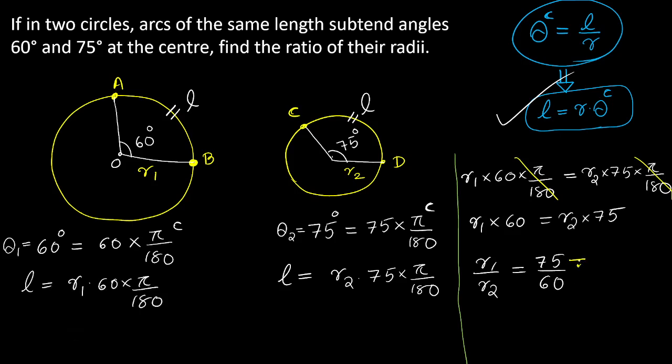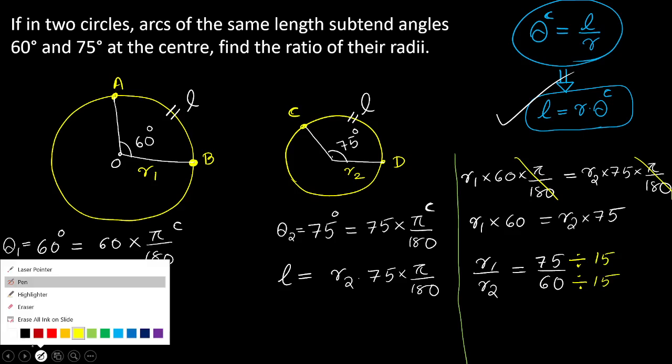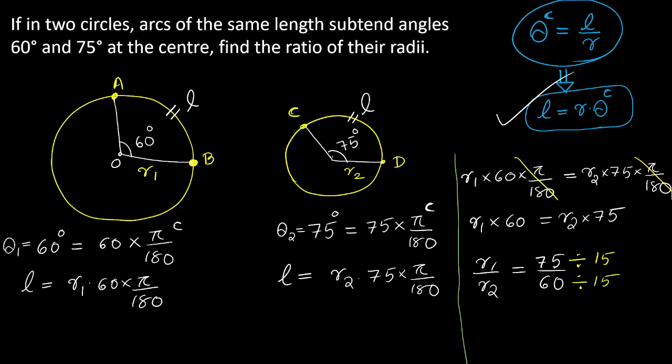Numerator and denominator can be divided by a common number. Sir, 3 or 5. Or a much larger number, 15. I can divide by 15. 75 by 15 is 5, 60 by 15 is 4. So 5:4 is the ratio of the radii.